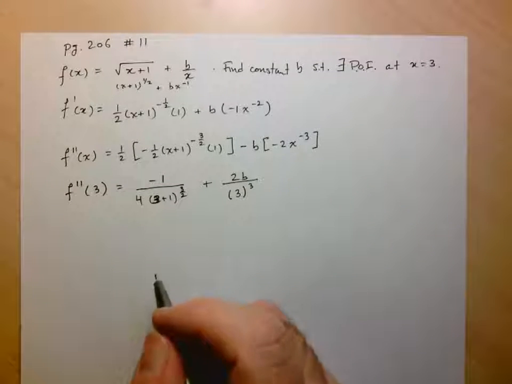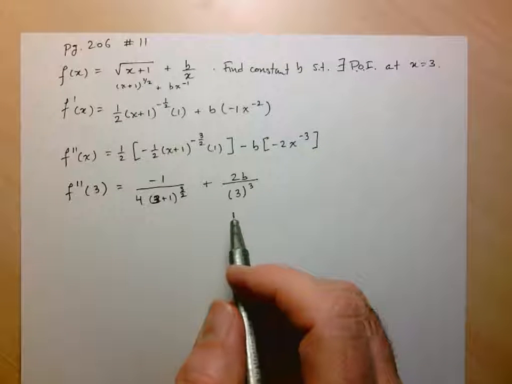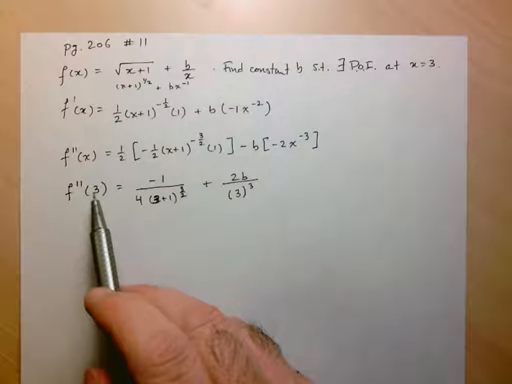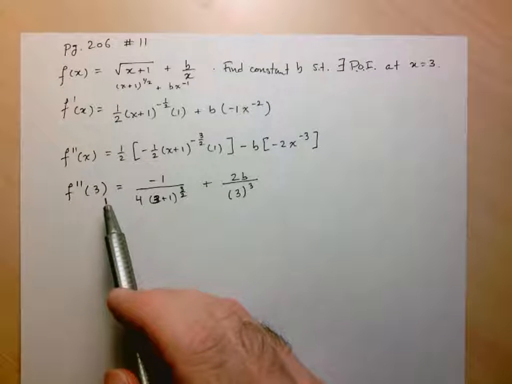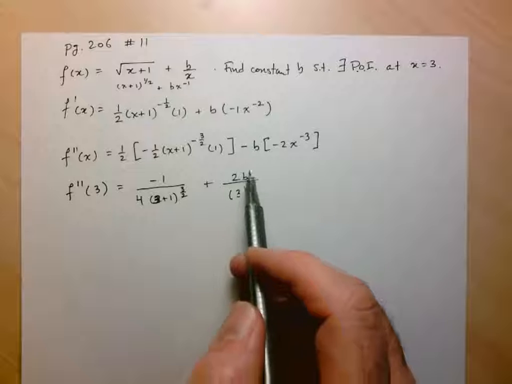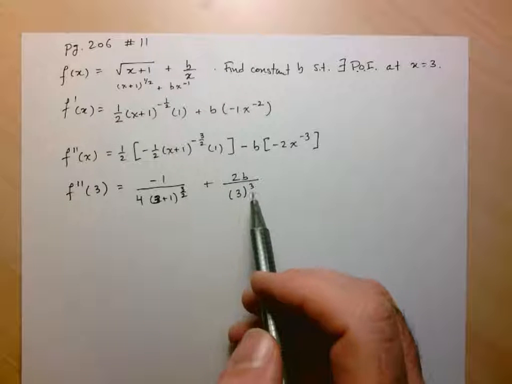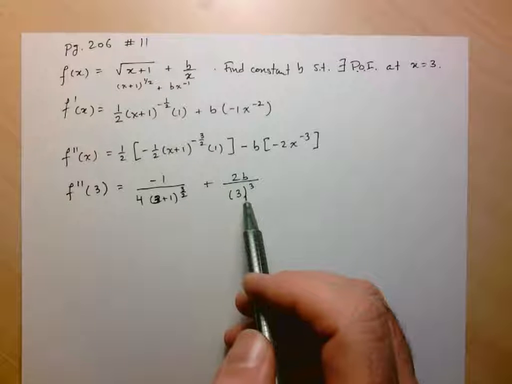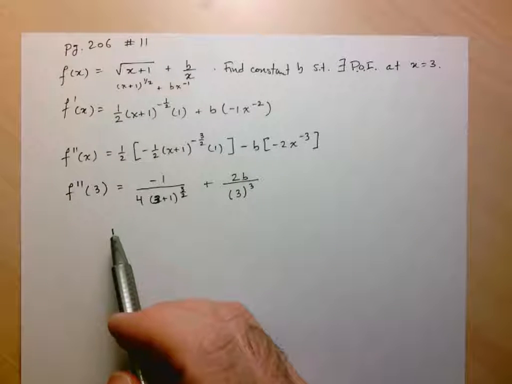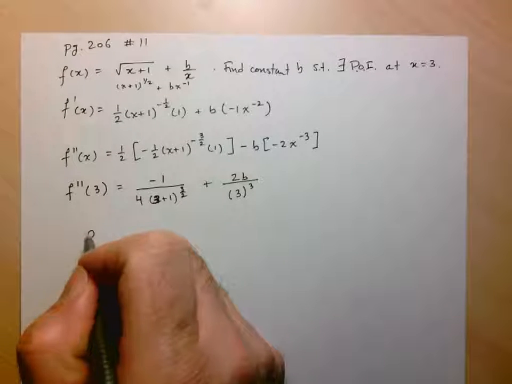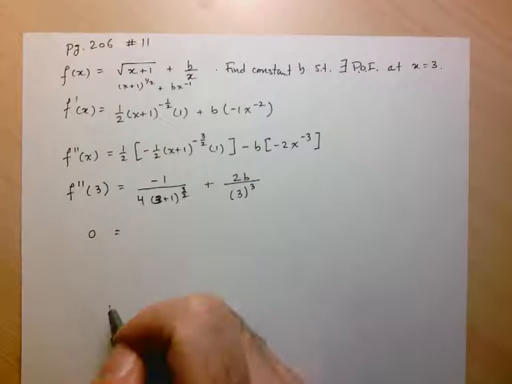So the first thing I realize is that nothing's going to give me 0 in the denominator, so I know that f double prime at 3 looks like it's going to exist. There's no value for b. Had b been in the denominator, we could have said b can't be 0, or b equals 0 gives us a second derivative that doesn't exist, but that's not the case. So we know that f double prime at 3 has to be equal to 0.